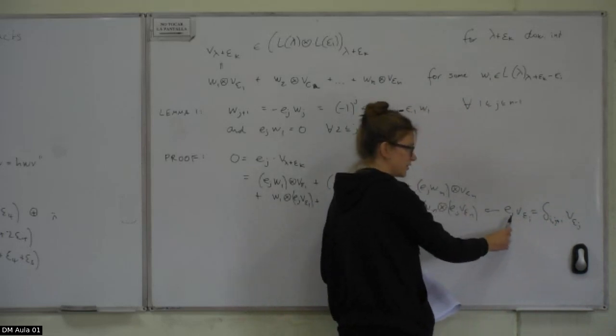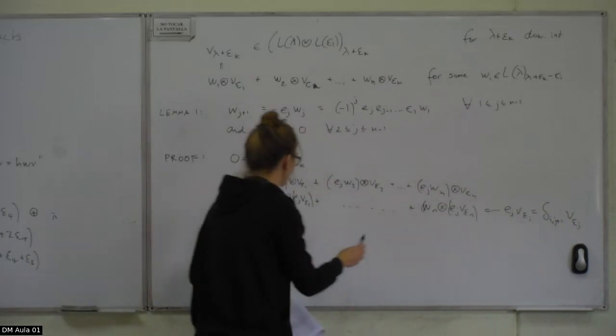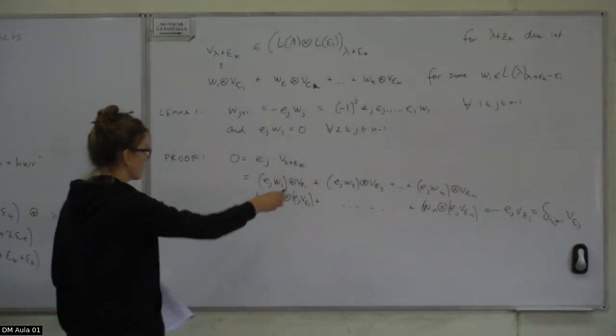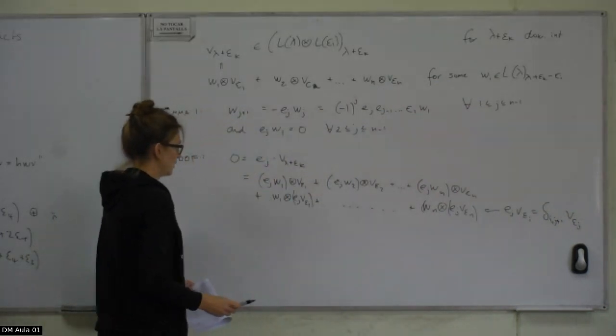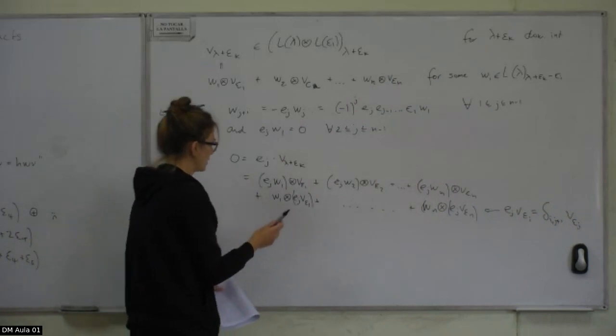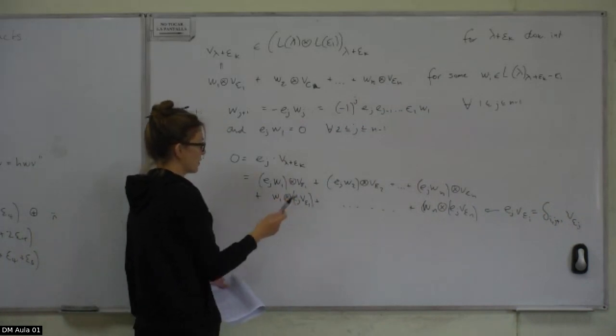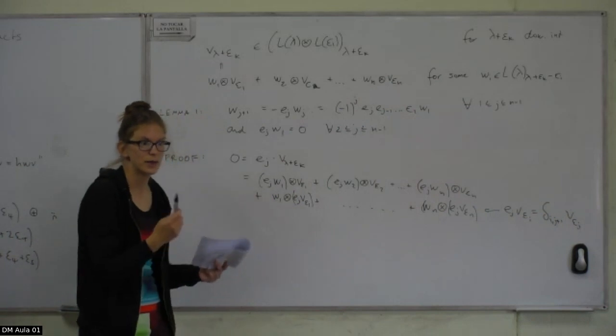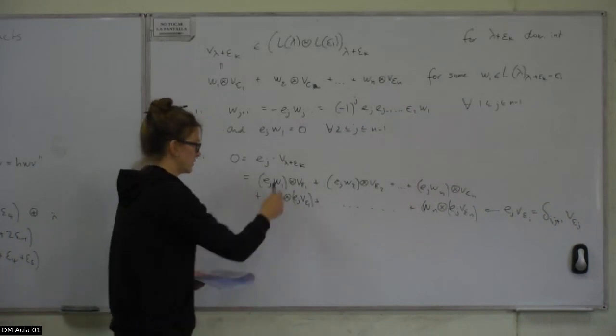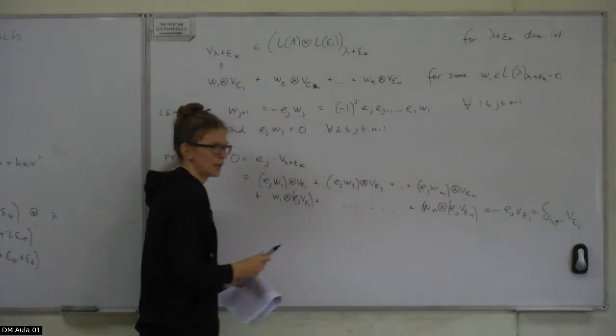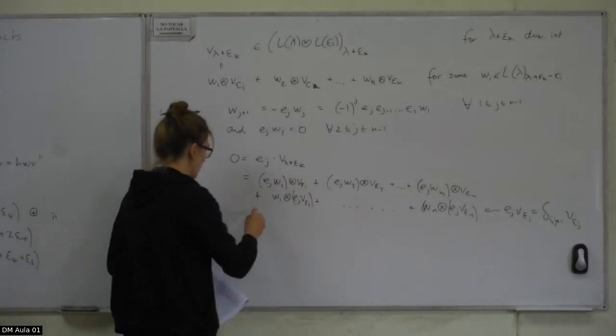That's what the E_j does, and it's 0 on all the others. So in fact, we're looking at quite a lot of zeros. But keep in mind that all the v epsilon i are linearly independent. So are somehow all of these summands upstairs.